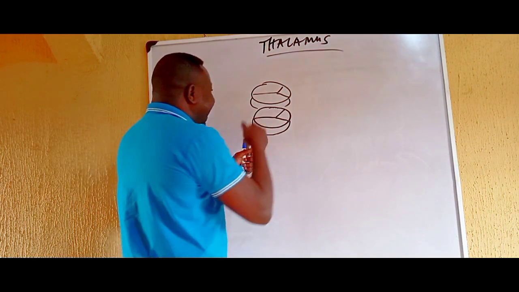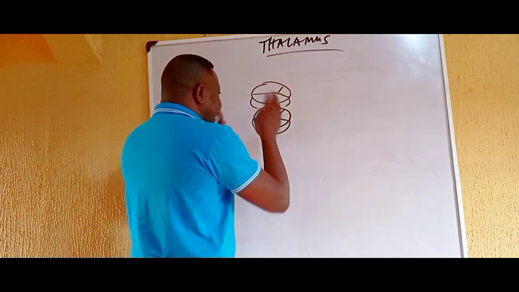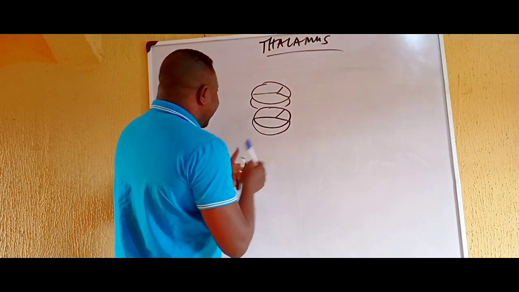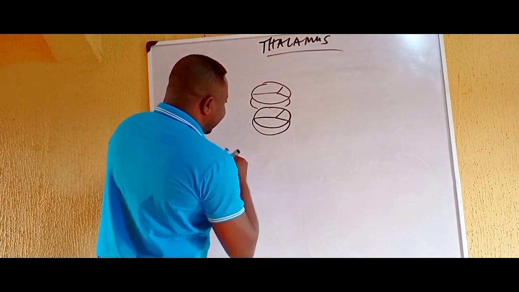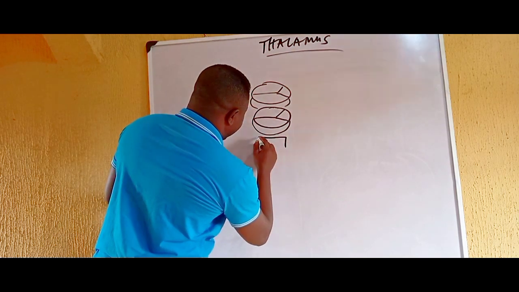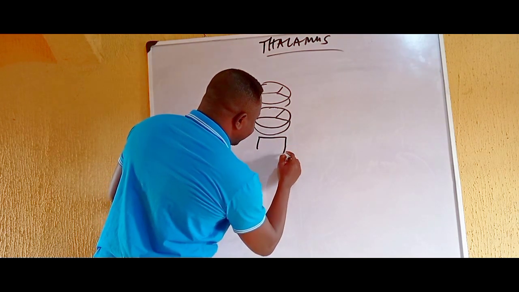Now, let's remind ourselves of the structure of the diencephalon. These are the thalamus, and then, of course, this is the midbrain.